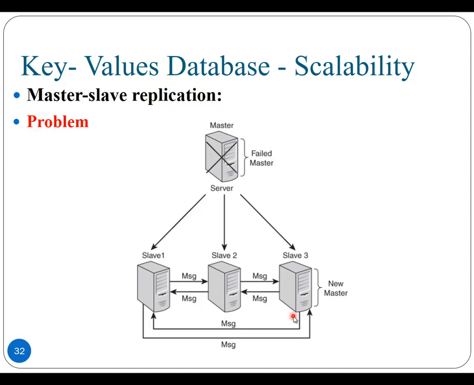So if a master fails, then the slaves should decide who would be the next master. From these three slaves, one of them would be selected. For example, slave 2 is the next master node.